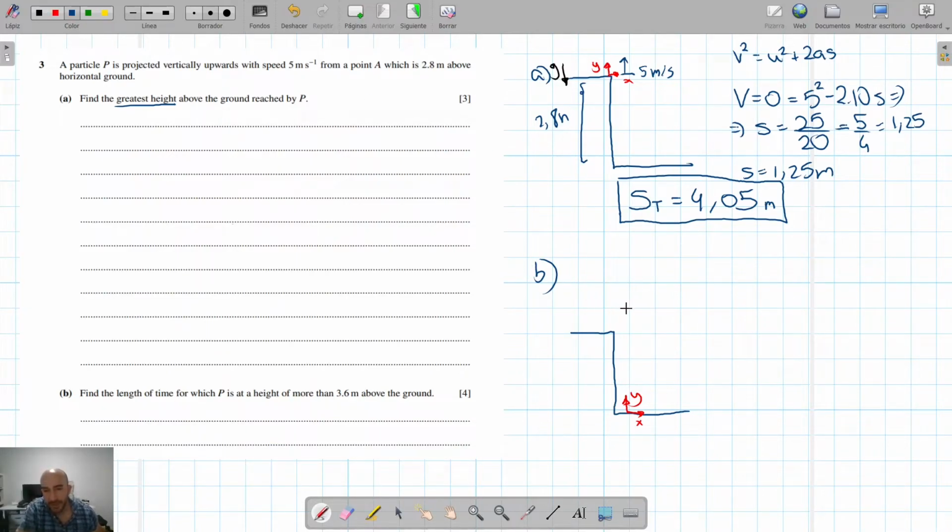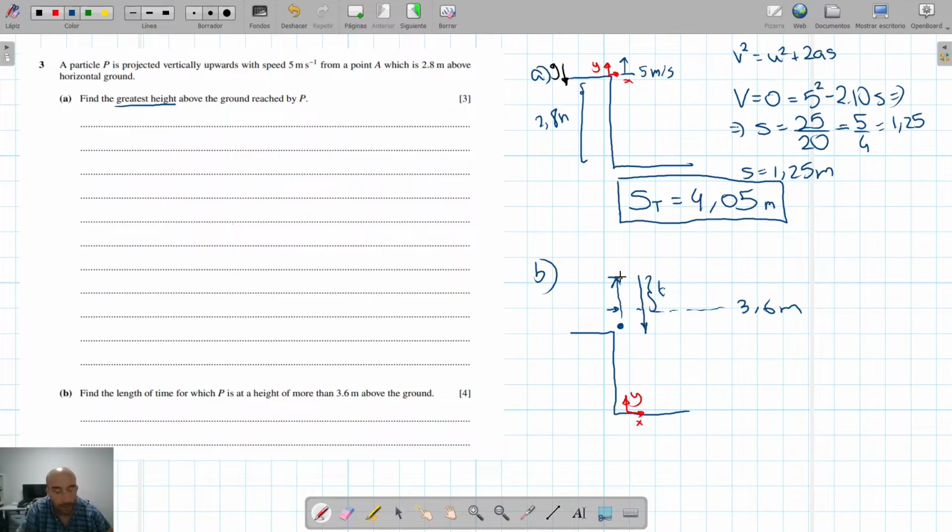What they're saying is that there's going to be a height here, which is 3.6 meters, and our object is going to go upwards, so it's going to surpass that height, and then it's going to go downwards, and they want to know that time between when it was going upwards and downwards.